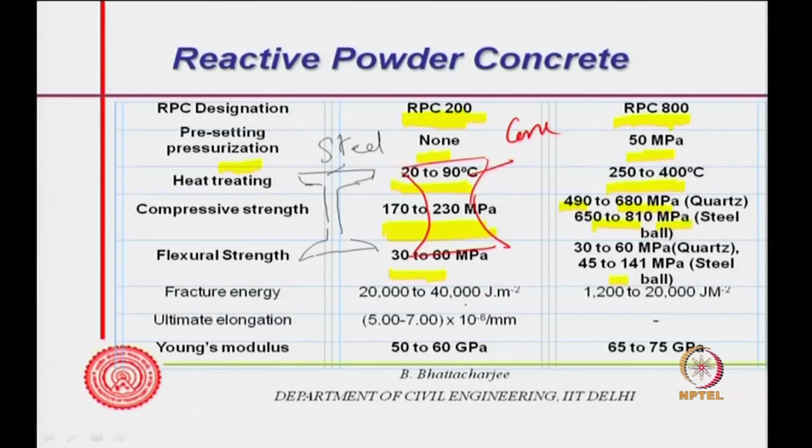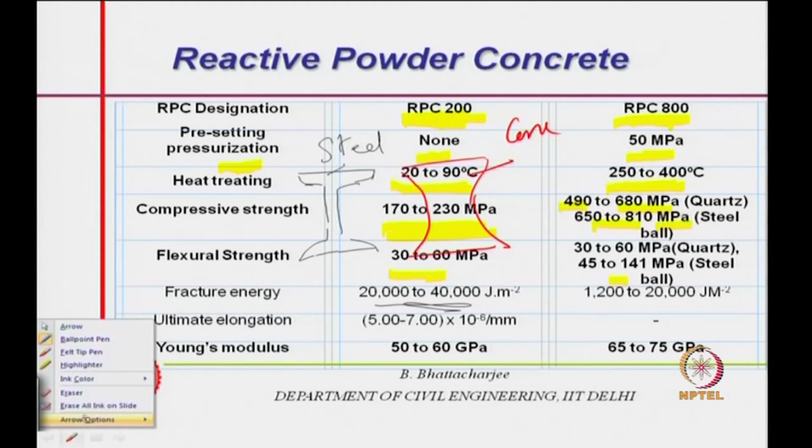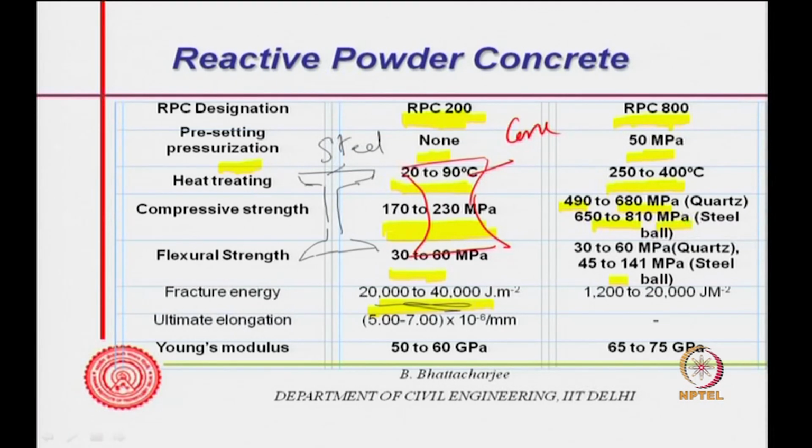Let us look at other properties. Fracture energy is low, because it should be, because the stress strain curve is almost vertical. Basically, it is a very brittle material if you have not added fiber, and this is still lower, joules per meter square, and ultimate elongation is low, here it is very small.